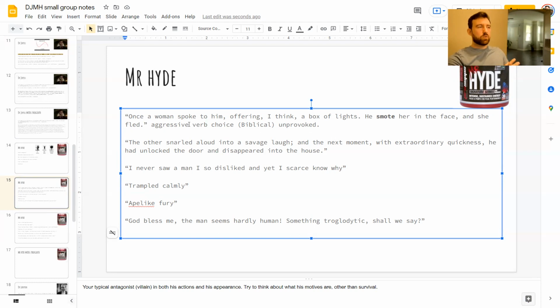The reason I like this quote is because it's a little bit less common. The quote about trampling on the little girl calmly, which we will also talk about, this is an oxymoron. This is much more common. There's nothing wrong with using this quote, especially if you can remember it well, but it's very, very common. Whereas the one about the woman offering a box of lights and he smote her in the face, if you just remember that bit even, then that's much less common.